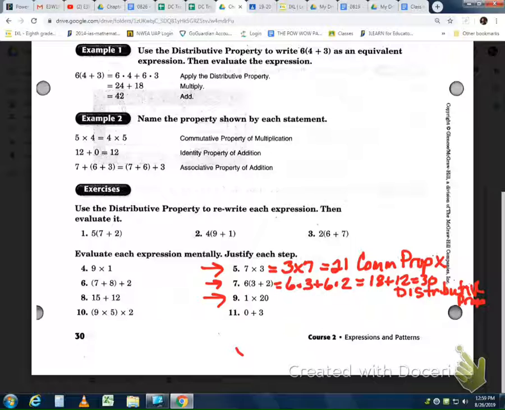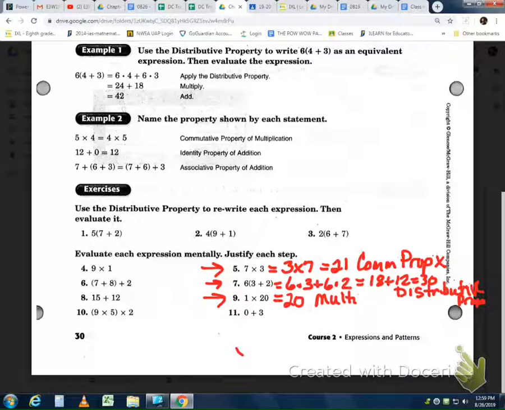Okay, number 9. 1 times 20. Irene? What's the value of 1 times 20? 20. And what property is that? When you multiply by 1, yeah, and I'm going to let you write this.